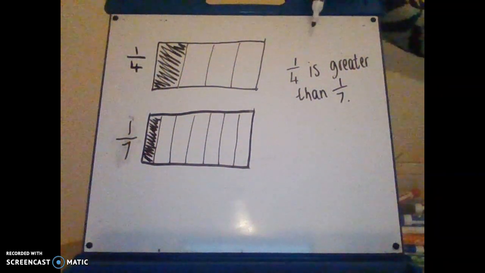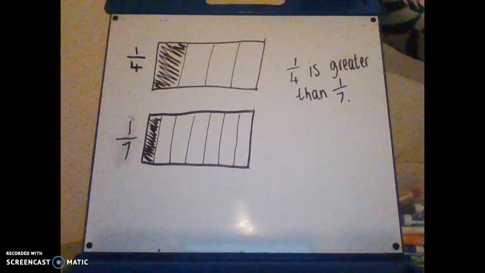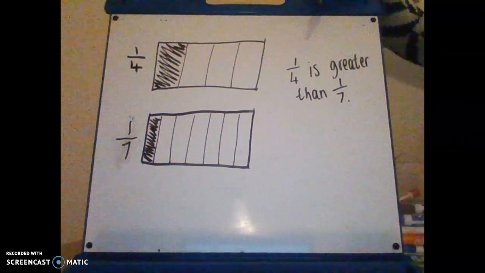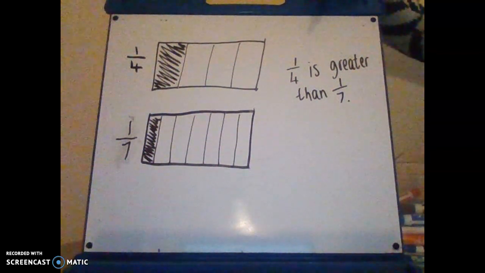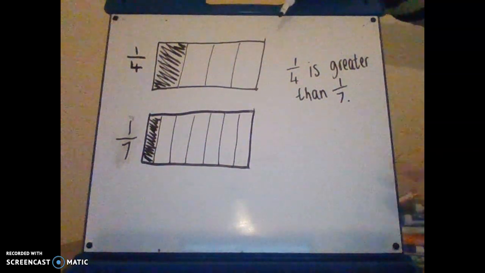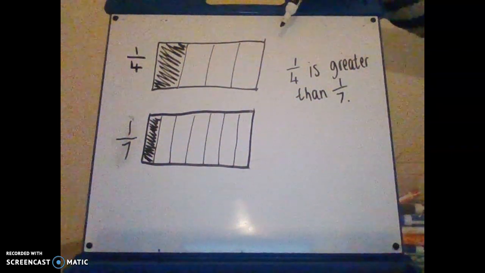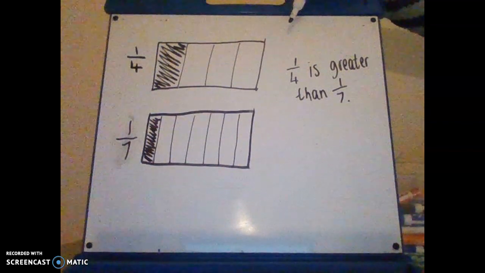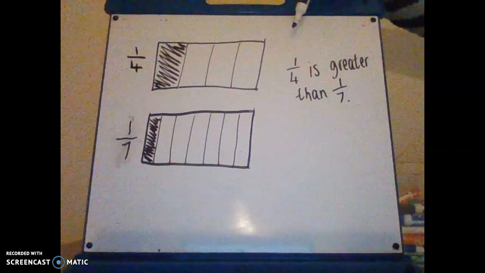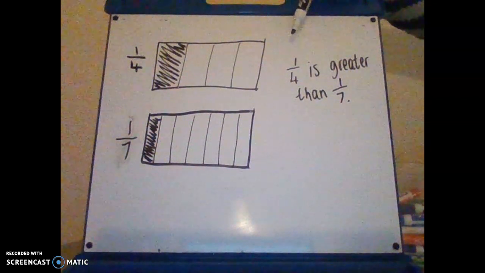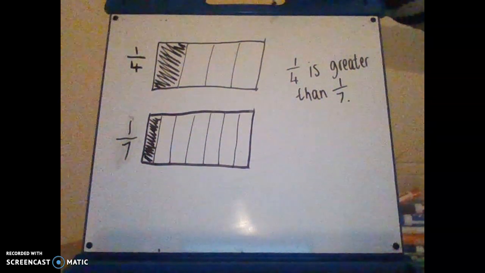On the other one with the fields, the football field and the field hockey field weren't the same, so we couldn't compare those fractions. We can only directly compare fractions that have the same whole. That's something to really keep in mind in our lesson. If you're not sure if your wholes are equal, then you cannot compare them.